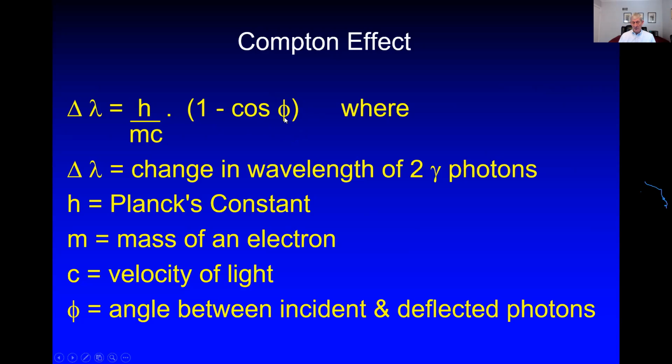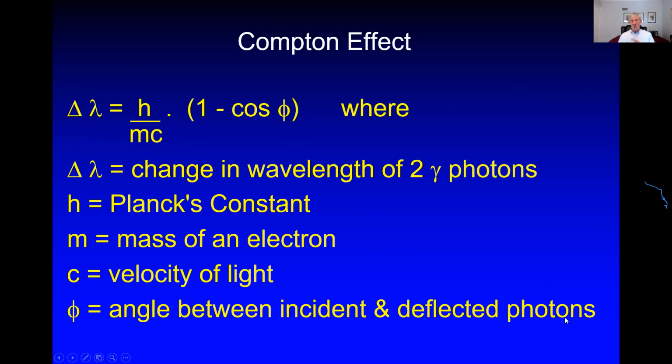Now, angle phi is the only variable in this whole equation. This is a constant. This is measurable. We don't know what angle phi is, but let's define angle phi. It is the angle between the line of incidence and the line of deflection.